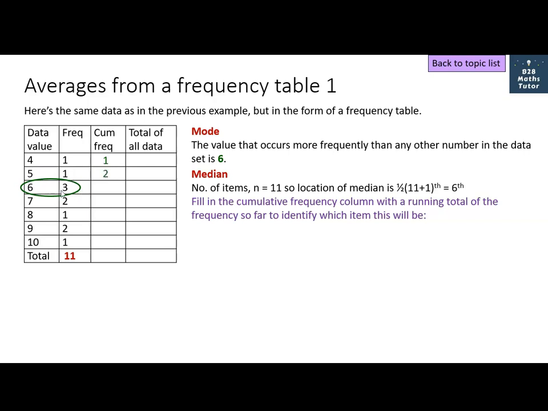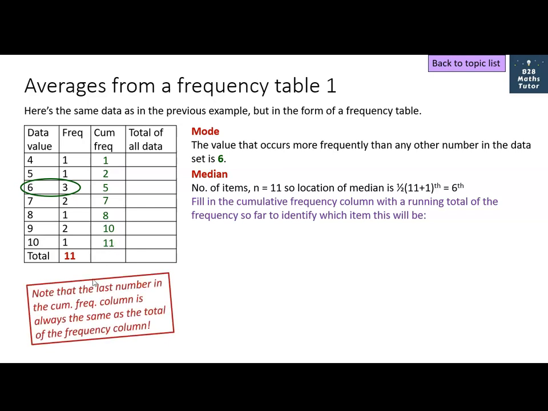Up to the end of this group, we've got the 2 that we already had, plus another 3, giving us 5. 5 plus another 2 gives us 7, and so on. And the number at the end of this column always has to match the total of all the frequencies. If it doesn't, you know you've made a mistake. So our 5th data item is the last of the 6s, and our 6th and 7th data items are both 7s.